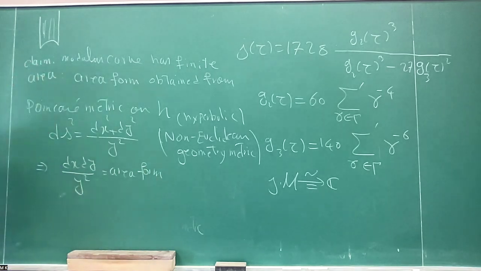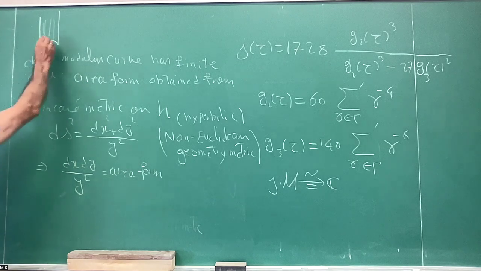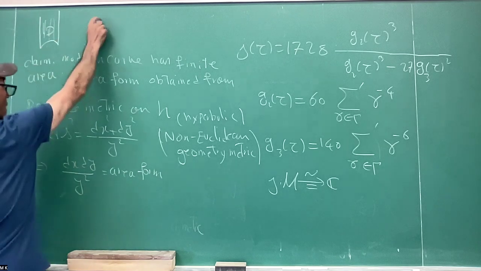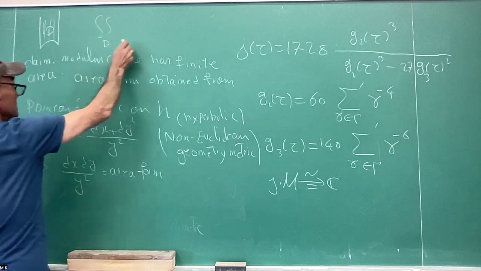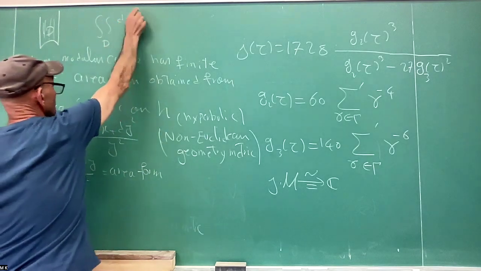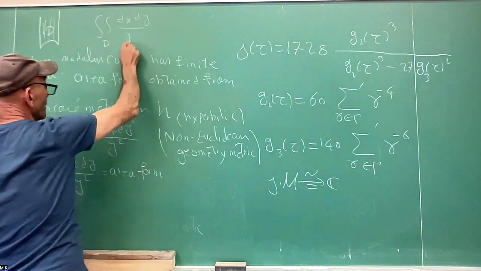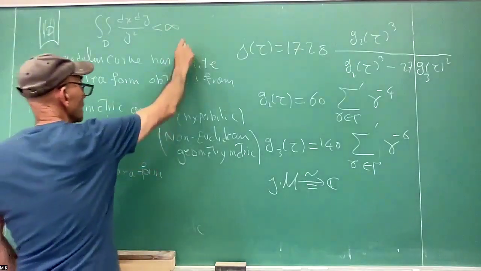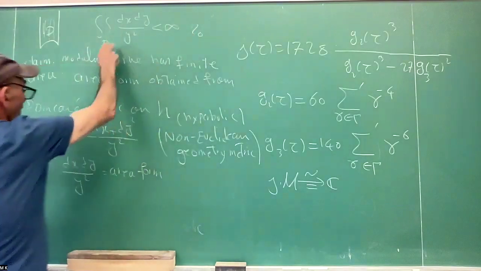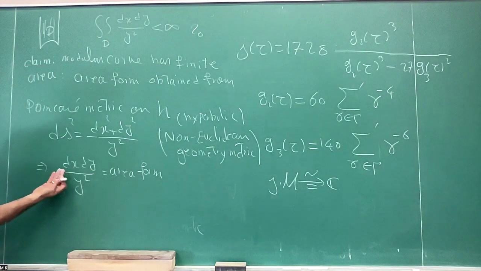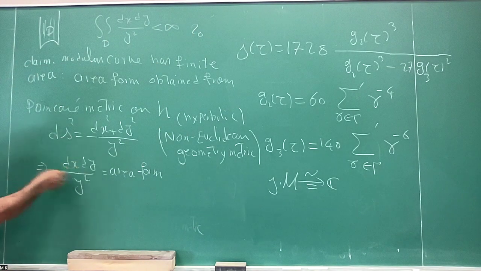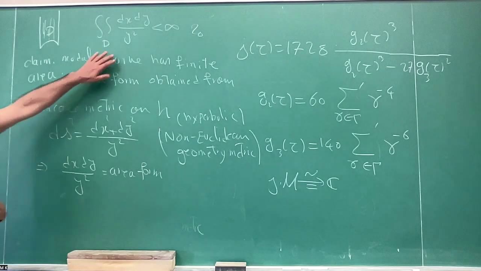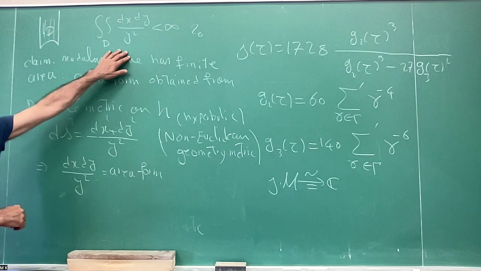So the question now is whether this integral over this area D, now this is the calculus integral, dx dy over y squared, is less than infinity or not. Because that's the area, and this area form is invariant under the action of these things.